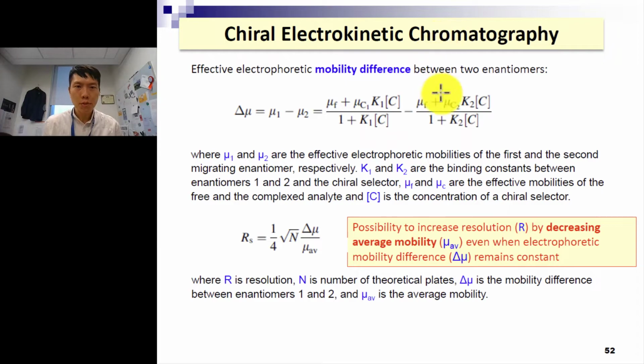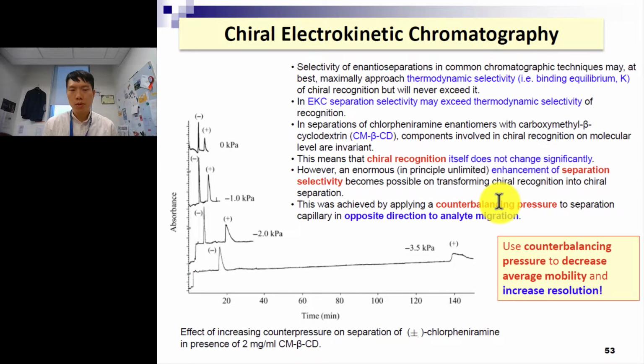This slide shows a formula to calculate the effective electrophoretic mobility difference between the two enantiomers. There's a possibility of having two enantiomers separated through chiroelectrokinetic chromatography by changing the average mobility. The way to do it is to also use the right CD.